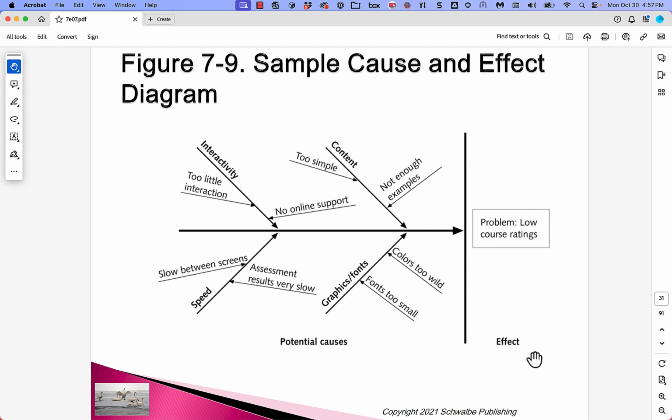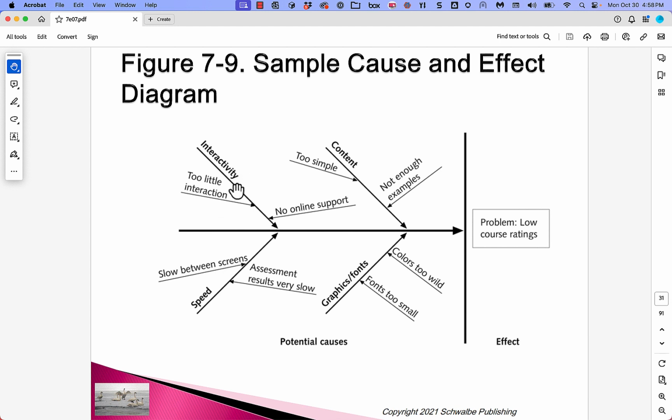So the idea here is that we take some problem that we have, for instance, low course ratings, and then we do sort of a hierarchical breakdown. We say, well, what are the major areas that contribute to this problem?